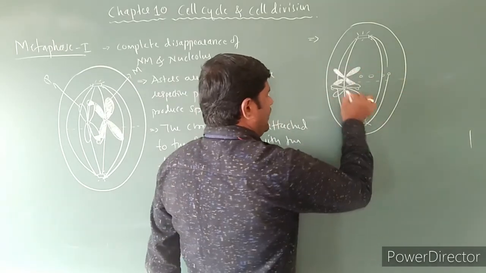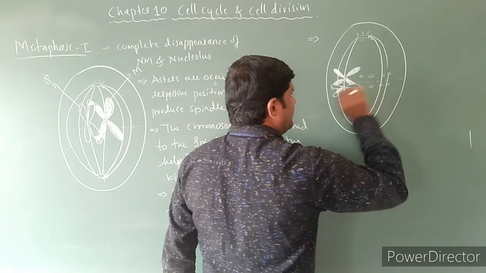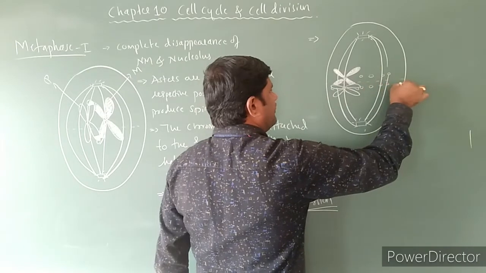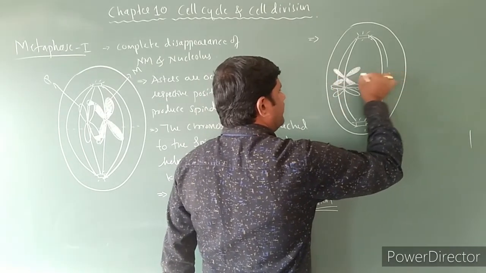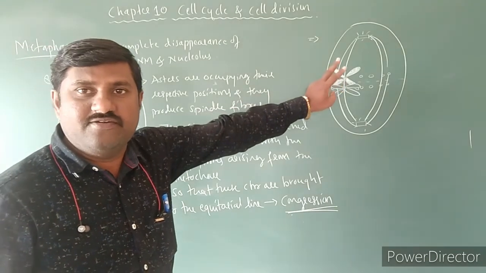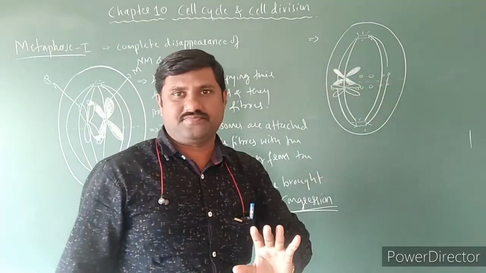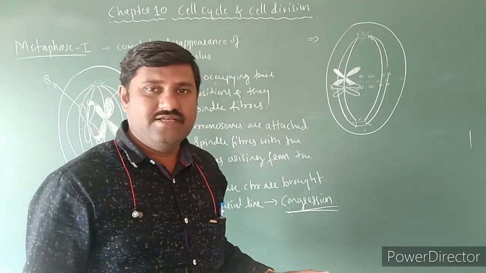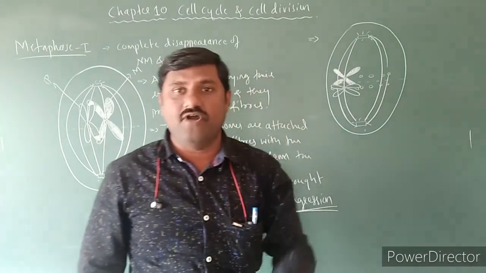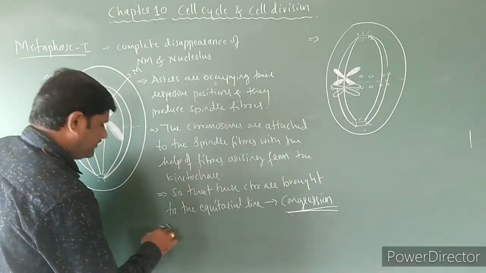And here also the centromeres are lying this way. So these form one metaphasic plate and these form another metaphasic plate. Is that very clear? So the equatorial plate or the metaphasic plate forms right here in this part.